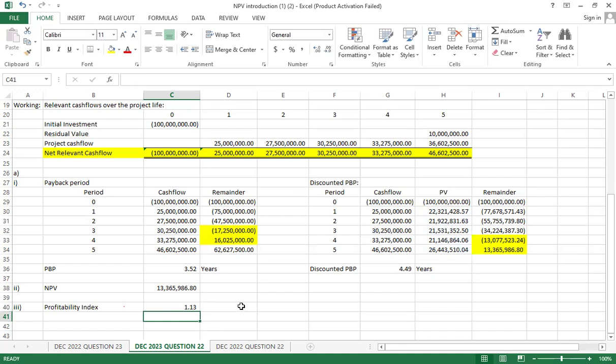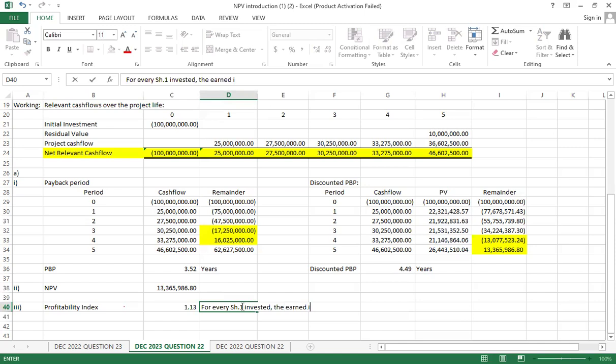1.13. And what this means is simple, that for every 1 shilling invested, the profit earned is 0.13 shillings.